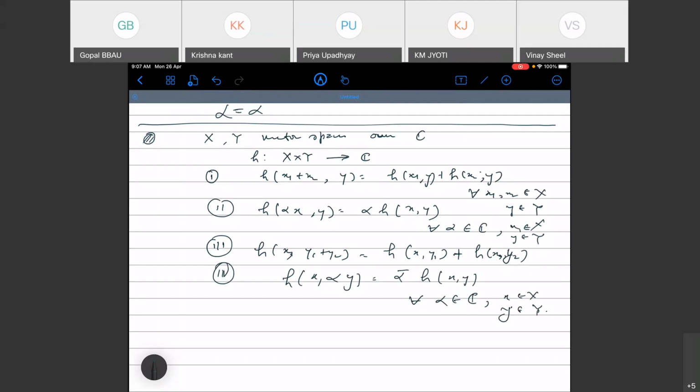Okay. Because of this fourth property, it is called sesquilinear. Okay.